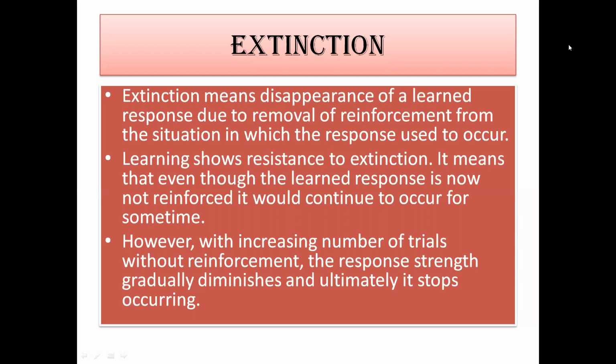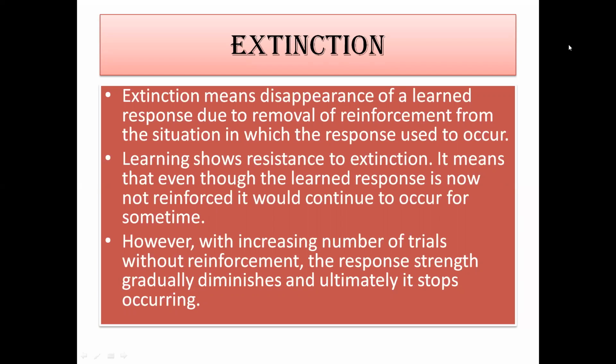If the occurrence of the CS, that is the bell, and the salivation, which is the conditioned response, is not followed by the US, which is the meat powder, in the case of Pavlov's experiment, or a lever pressing, in the case of Skinner box experiment, is not followed by the food pellets, the learned response is likely to get weakened and ultimately may disappear.